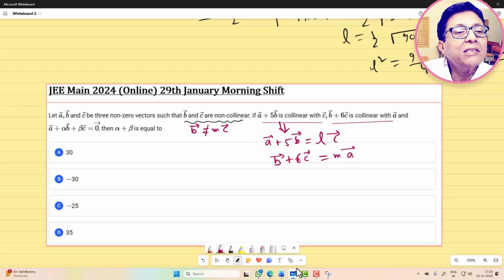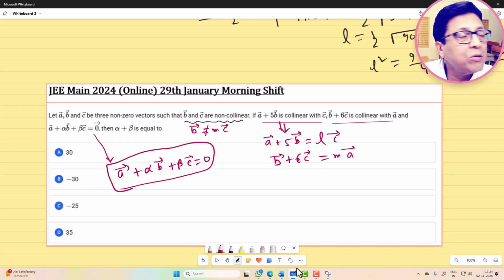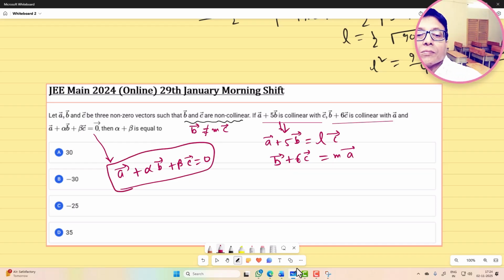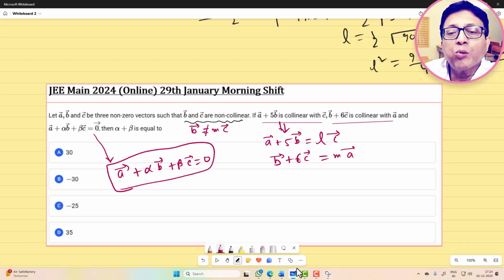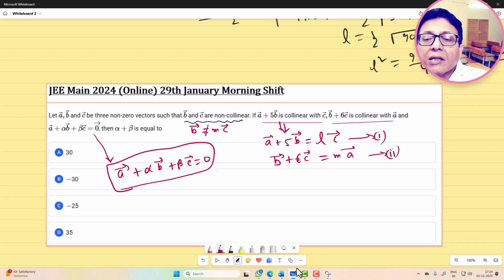And another relation is given: A plus alpha into B plus beta into C equal to 0. Now let us see what kind of relation is stated over there in 1 and 2. A, B, C are related here, B, C and A also related here.